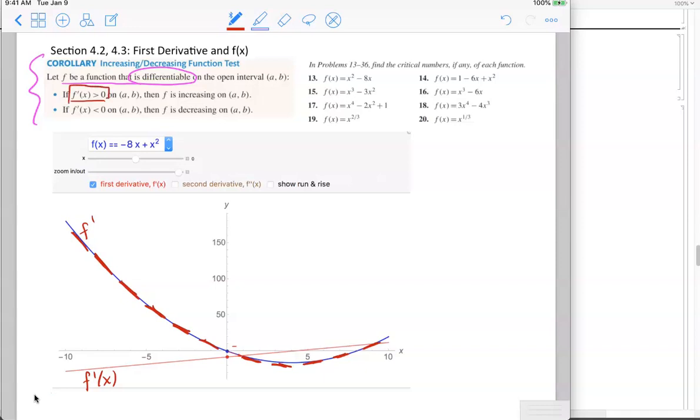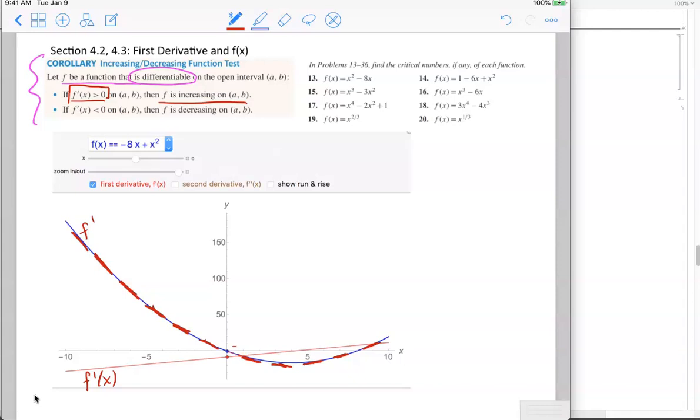When the derivative is positive, the function f of x is increasing, meaning the tangent lines are sloping upward from left to right. When the derivative is negative, the function is decreasing, meaning the tangent lines are sloping down from left to right.